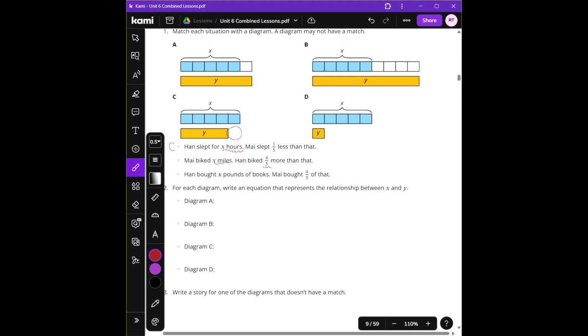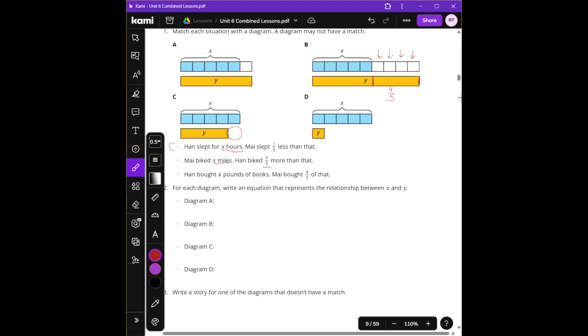So this right here is my X. I have 1, 2, 3, 4, 5. But then I also see that I have these boxes right here. And so this right here, we're looking at our y from here to here, that is going to be 4/5. So this is 1/5 less than. This is 4/5 more than.